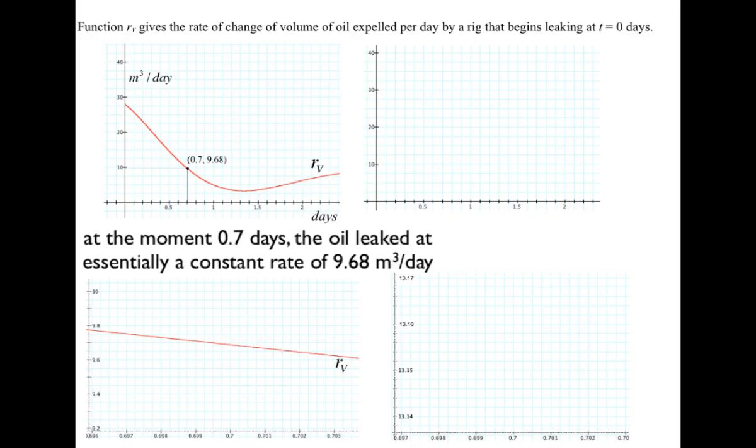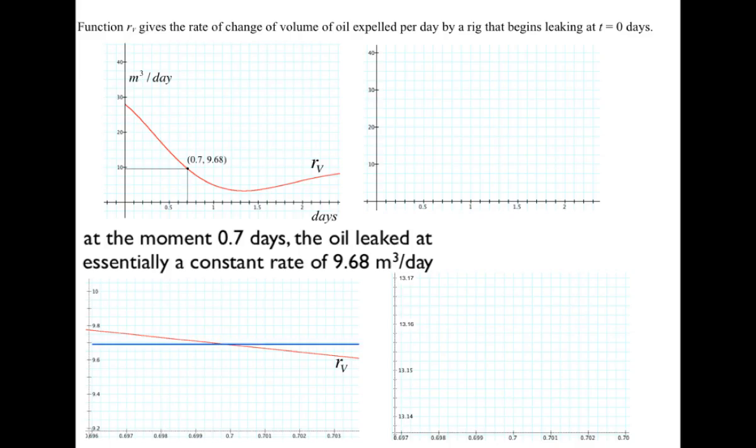But according to how we defined 0.7 and 9.68, according to this ordered pair of 0.7, 9.68, what graph would we have? What would the graph be like? What's that? Horizontal, right? Horizontal at 9.68.